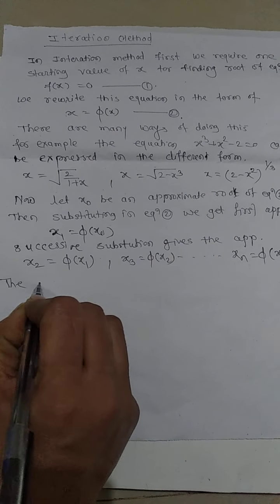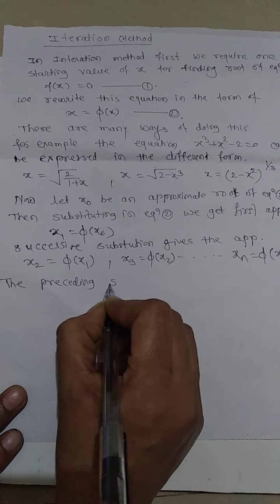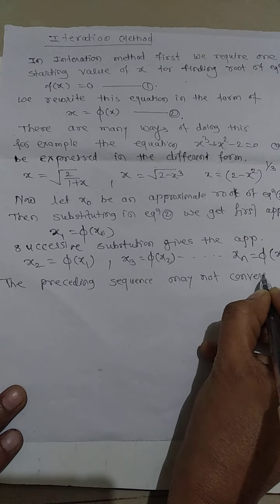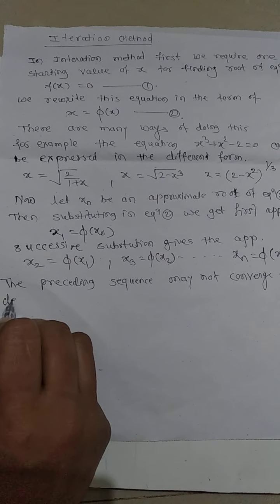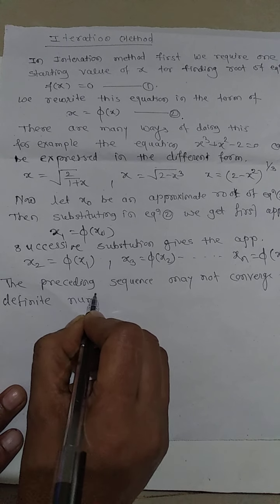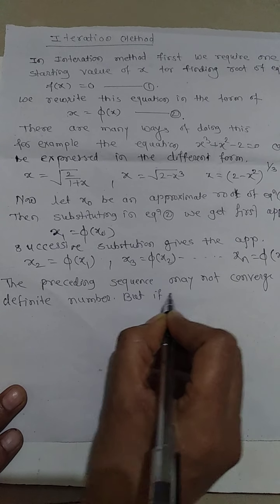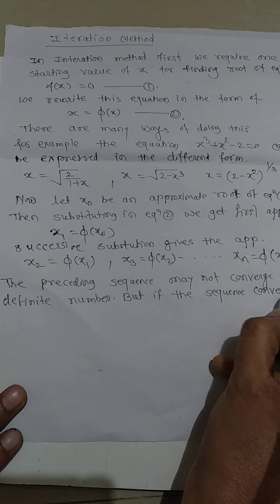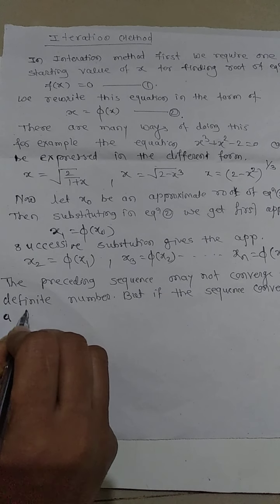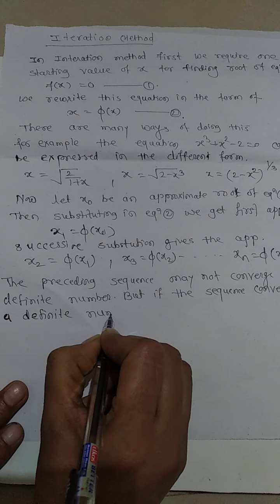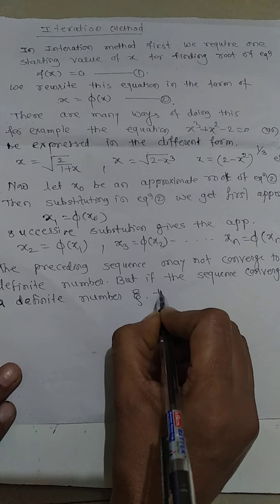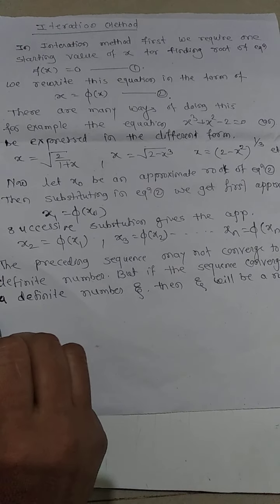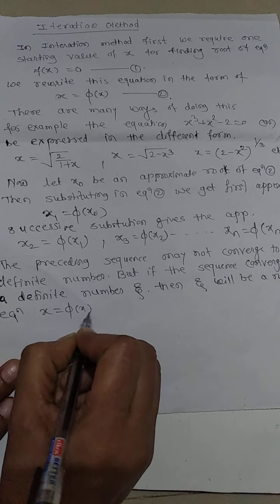The preceding sequence may not converge to a definite number, but if the sequence converges to a definite number xi, then xi will be a root of the equation x is equal to phi of x.